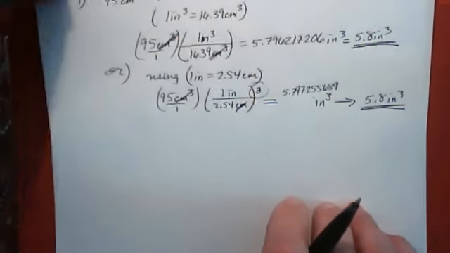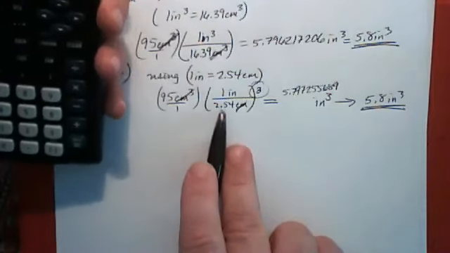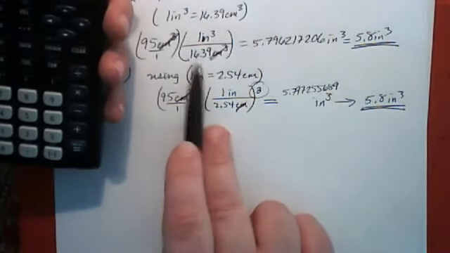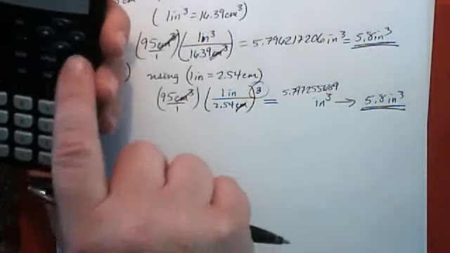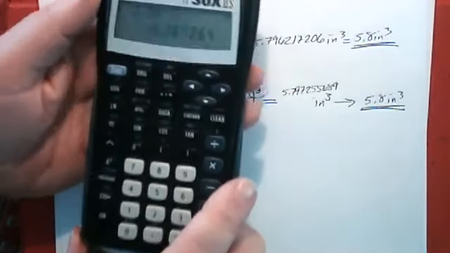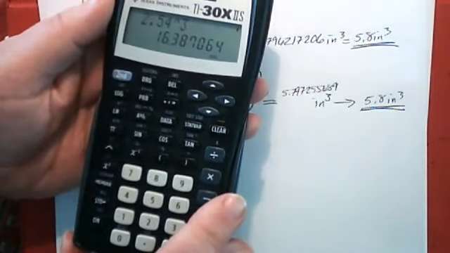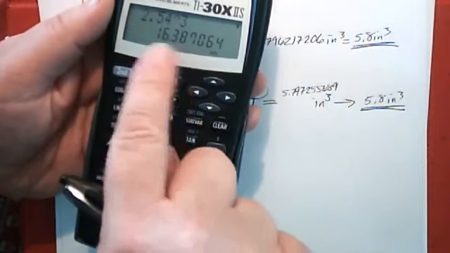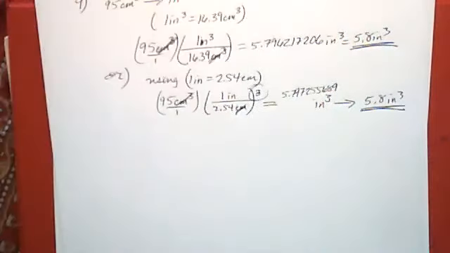And one reason that you can do it either way is because 2.54 to the third power is actually 16.39. That number there rounds off to 16.39 when you cut it off to 3 significant figures.